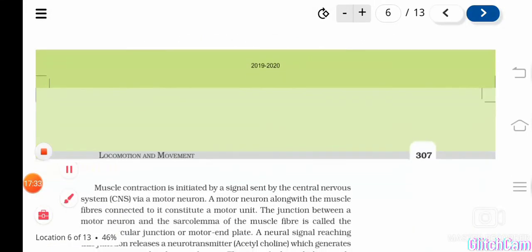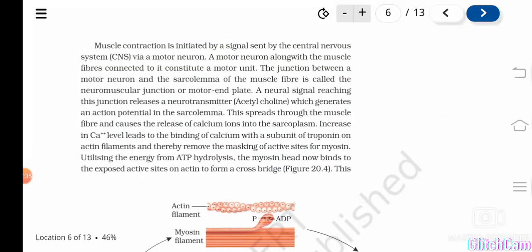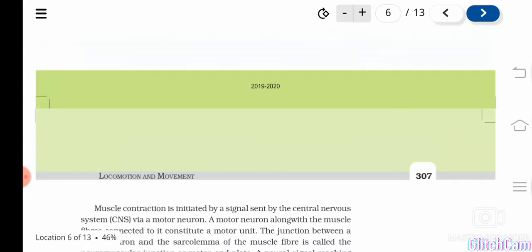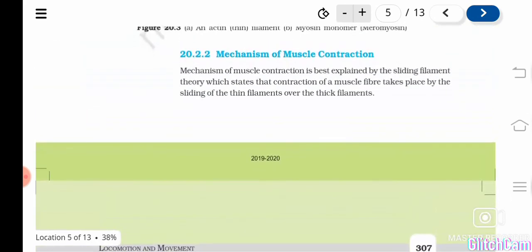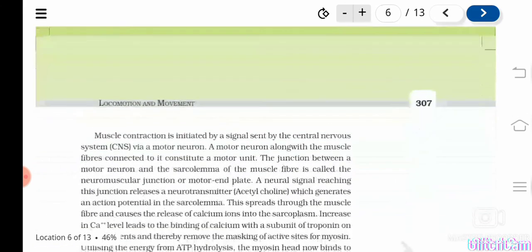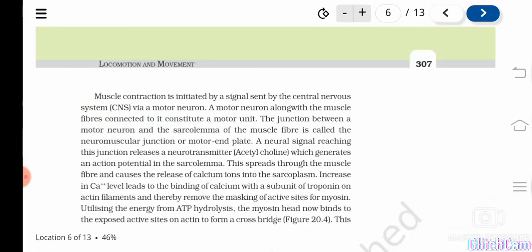How does each muscle contraction happen, and which theory explains this? The sliding filament theory explains muscle contraction. When a neural signal comes to the neuromuscular junction, what happens?